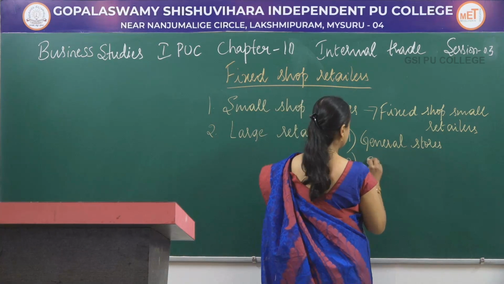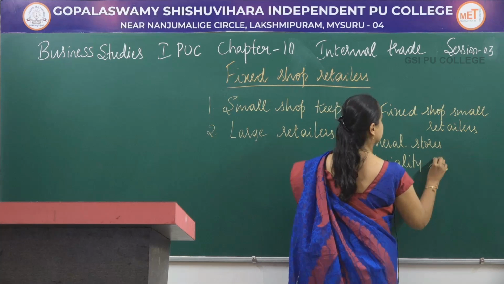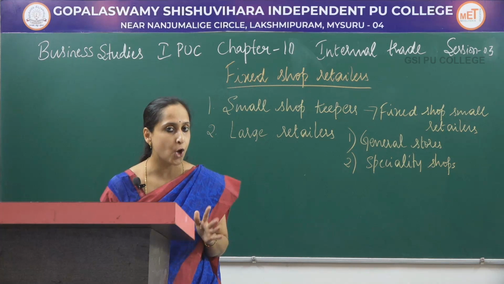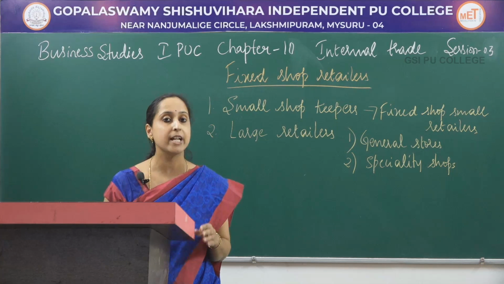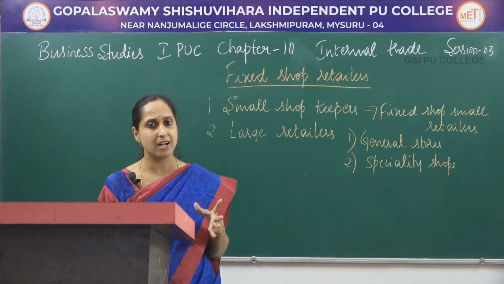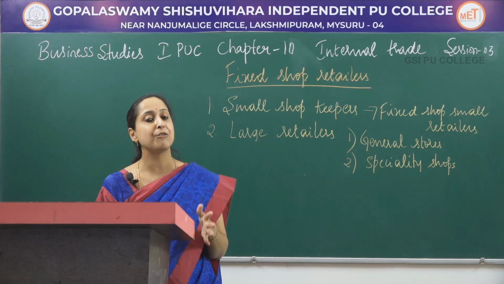Second is specialty shops. This type of specialty shops are becoming popular, especially in urban areas. Instead of selling varieties of products under the same roof, they provide a specific kind of product.